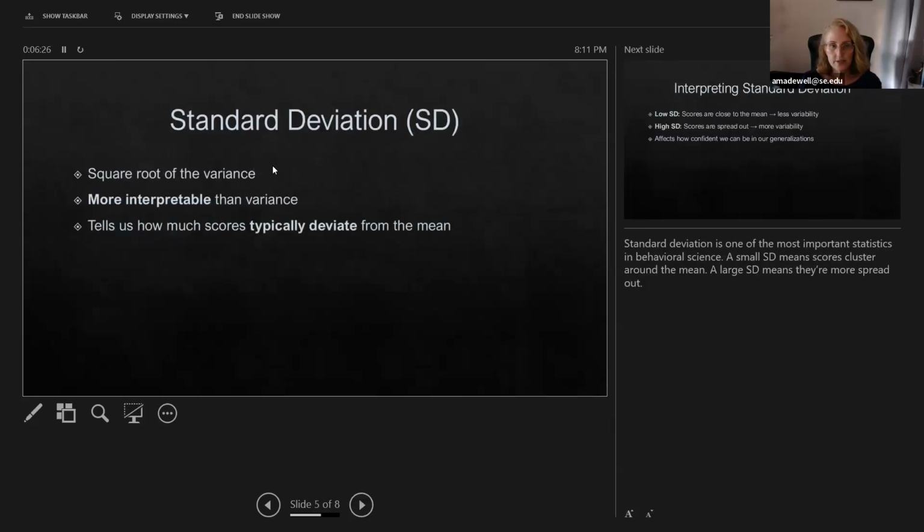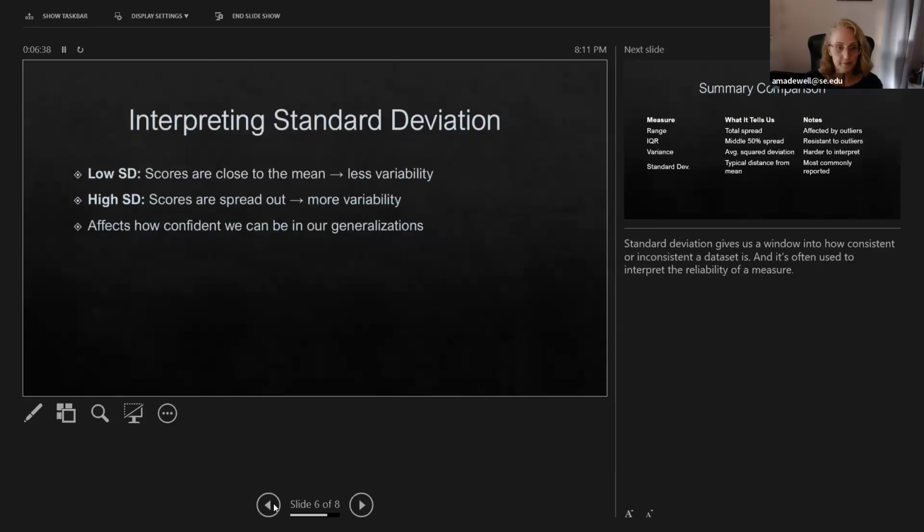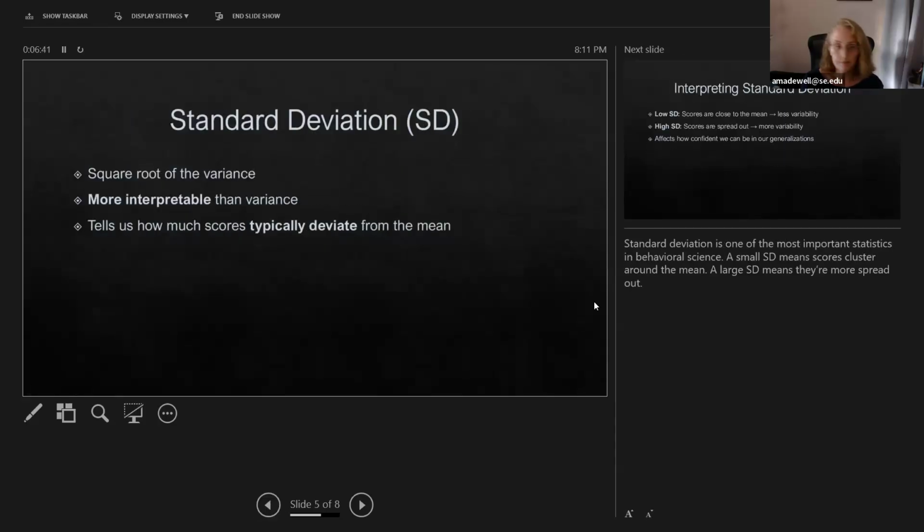When we look at standard deviation, what we're going to do is just take the square root of our variance. My annotation is not turning on. There we go.